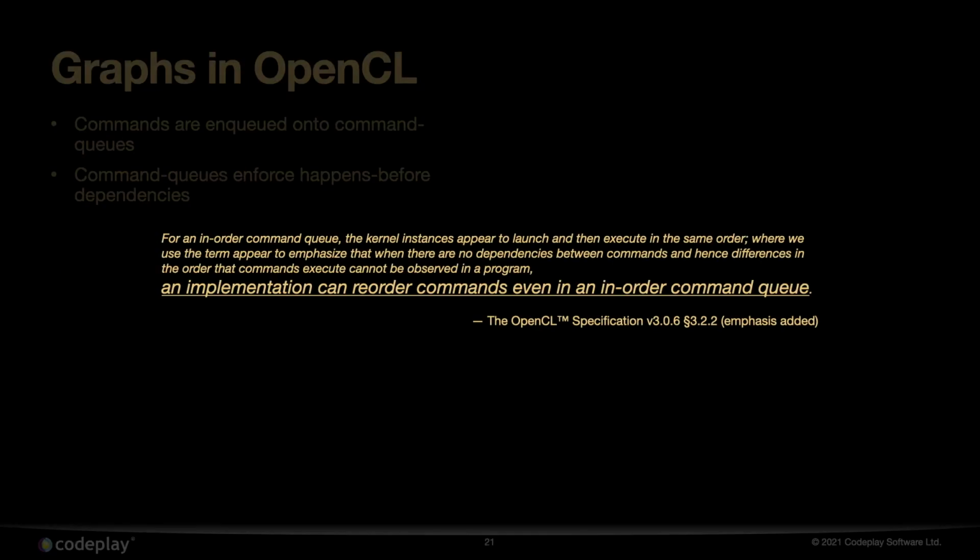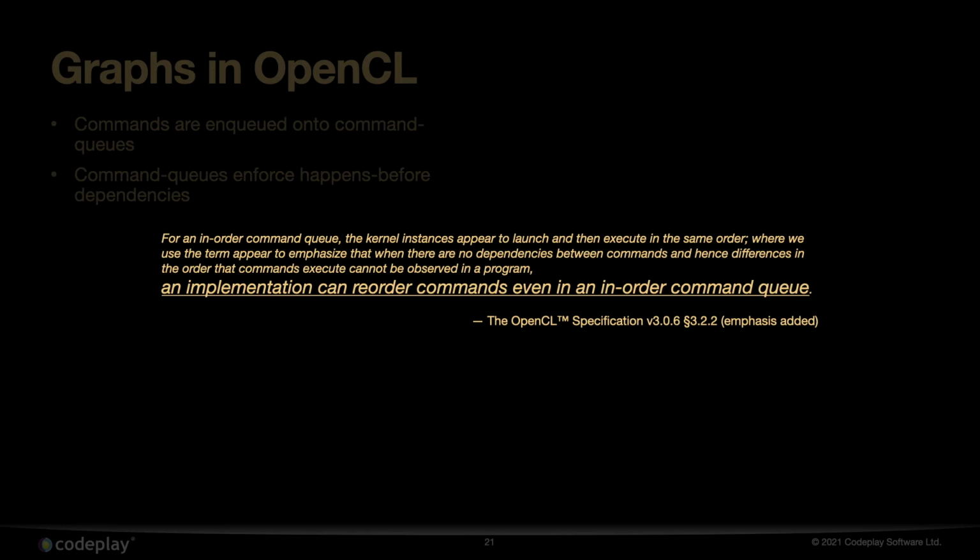Now there's this very helpful paragraph in the OpenCL specification, and it's got the sentence that says, quote, "An implementation can reorder commands even in an in-order command queue," end quote. And what this means is that if the OpenCL implementation sees that there are two kernels enqueued that don't have a data dependency on them, it means that the implementation is allowed to run those kernels at the same time or in a different order.